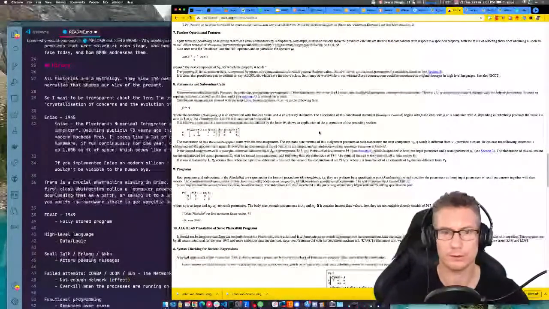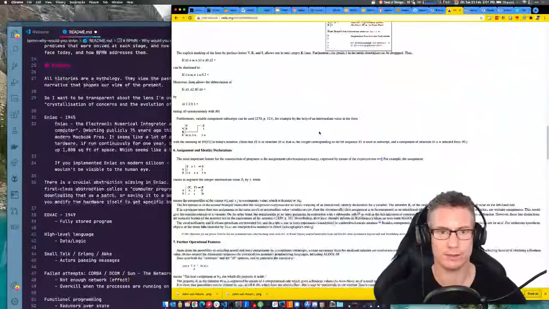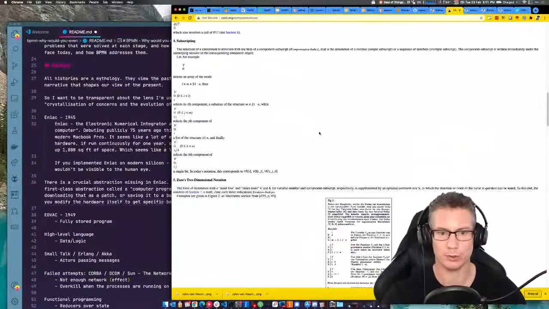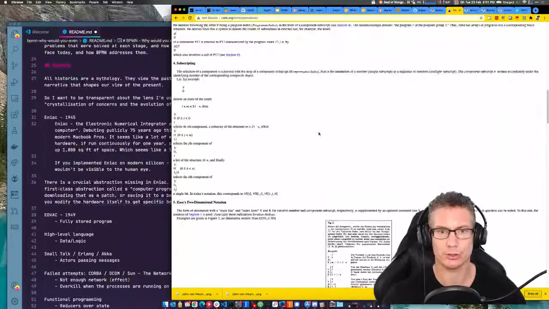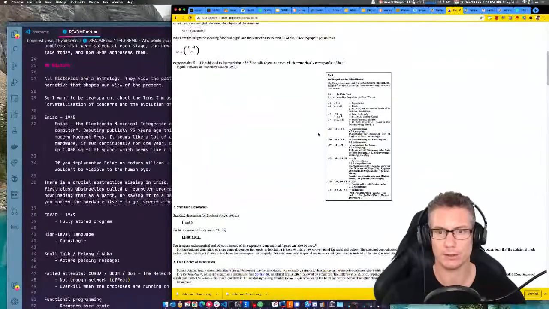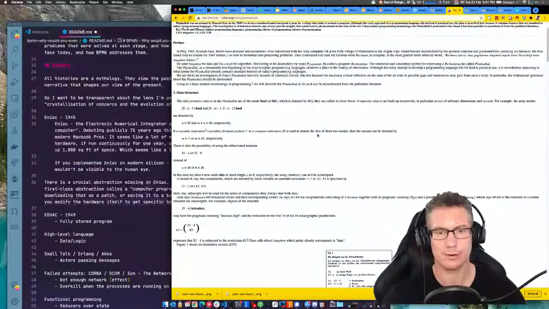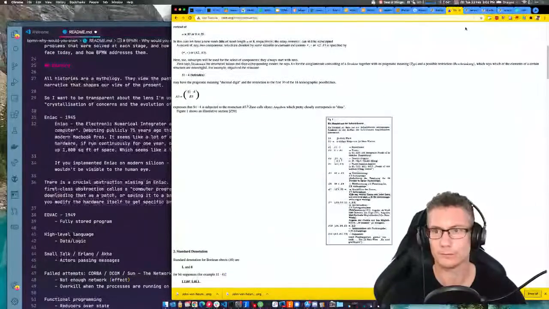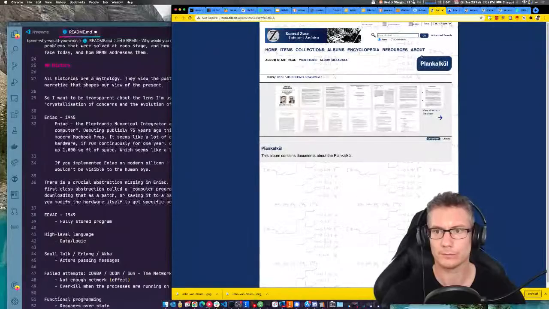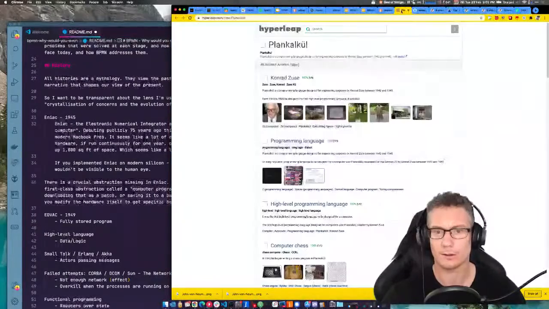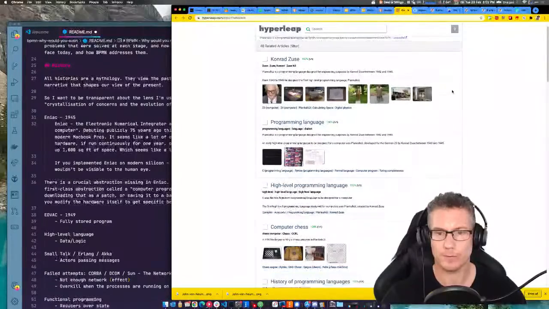Far out. So he invented a digital computer that uses Boolean Church encoding, Boolean calculus. Wow.